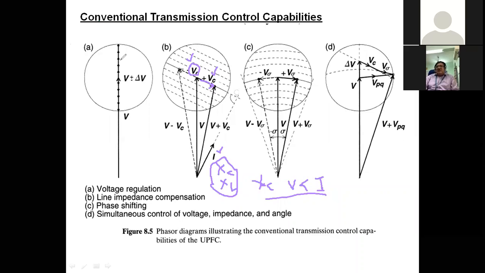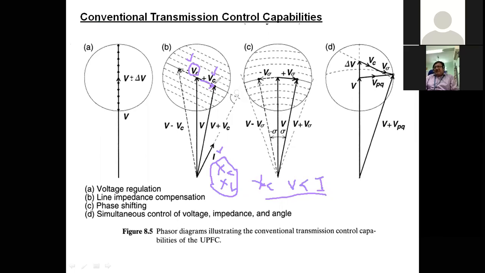First one is voltage regulation, where we are just changing the voltage magnitude. In this case, we are injecting the voltage VPQ in such a way that it will be perpendicular to the current. You can see that different values of VPQ for capacitance and inductance were given.